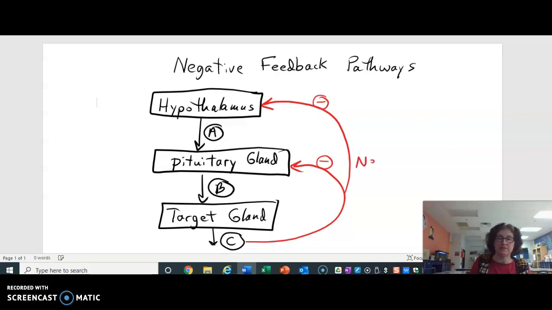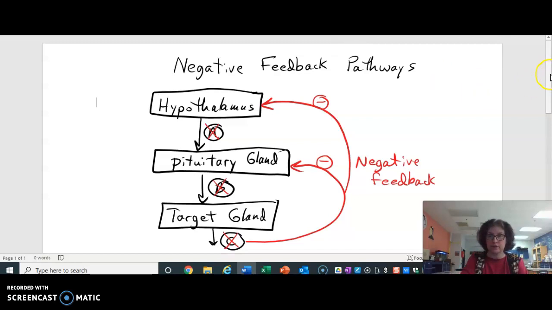So this is negative feedback of the final step in a hormonal or metabolic pathway to turn off the original message. So this gets turned off, and no more of this is made once it reaches a certain threshold. So if you now illustrate that with a more concrete example, this is a basic feedback pathway, which is one of the most common pathways that hormones follow in the body.